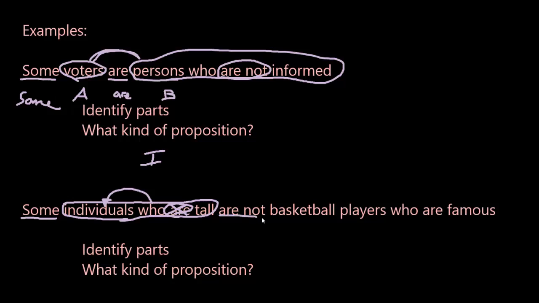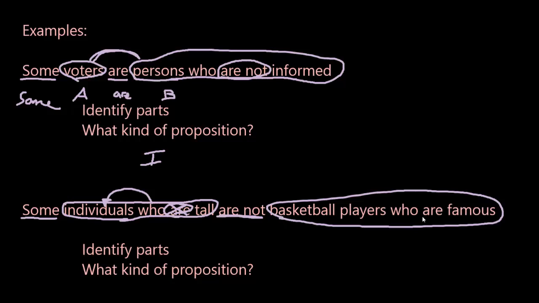Instead, it's are not. And our predicate term is basketball players who are famous. Again, this clause, who are famous, is just modifying our grammatical predicate or grammatical object. But really, it's these two categories that are being related to each other, that are being coupled by our copula are not.